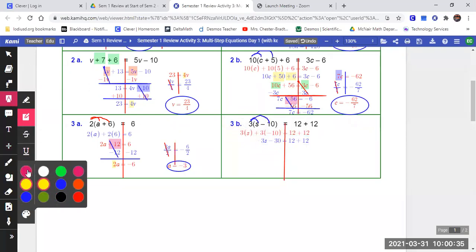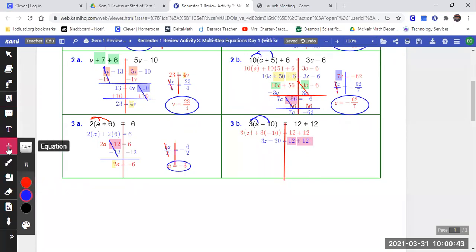Take your time. We now have to handle this right-hand side because it's got too much. What's the right-hand side going to change up to?